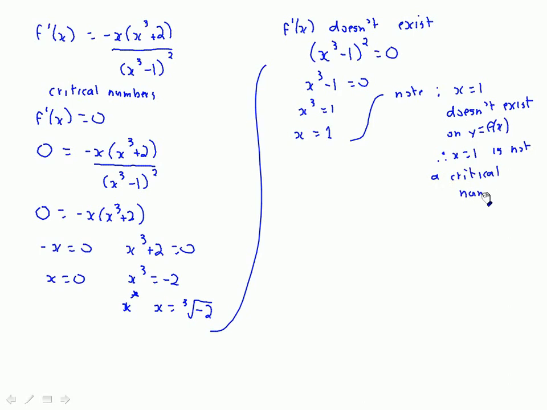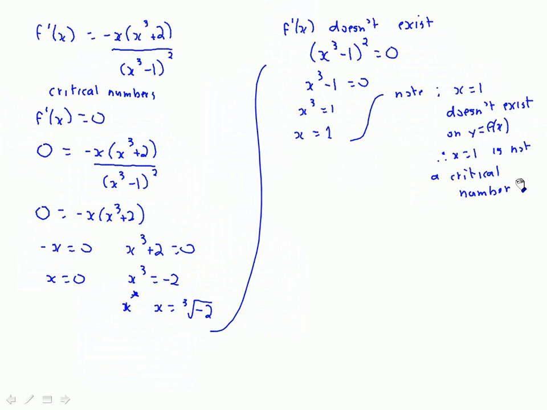That's important. Even though we found a value that could look like it was going to be a critical number, you always have to go back to the original function. And if that point doesn't exist on the original function, then it's not a critical number, because a critical number must actually be on the function itself. Makes sense.